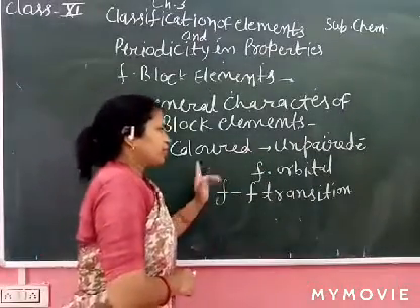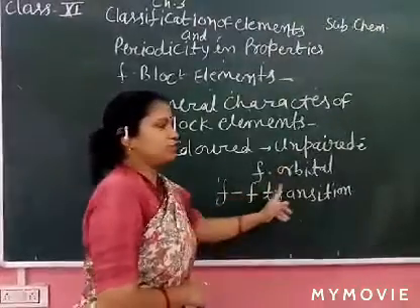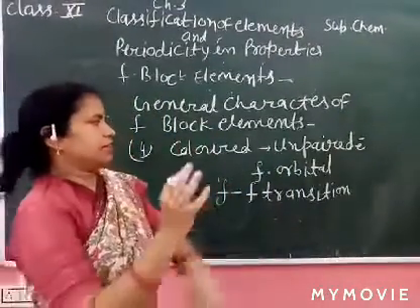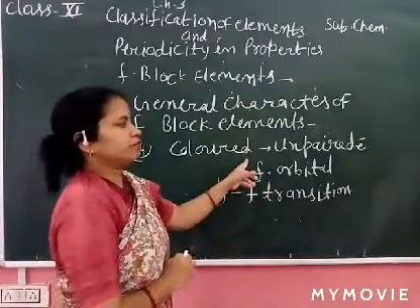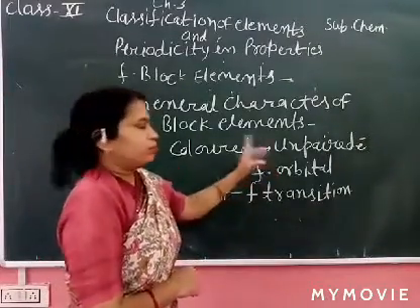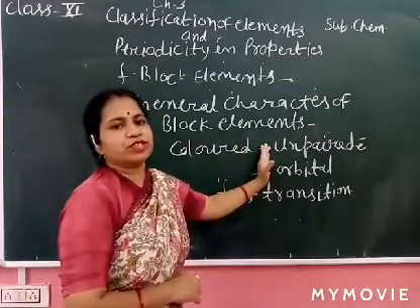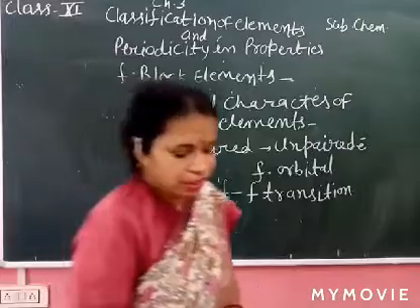So colored due to unpaired f electrons, due to f-f transition. Visible light is 400 nm to 800 nm wavelength. So these are colored.